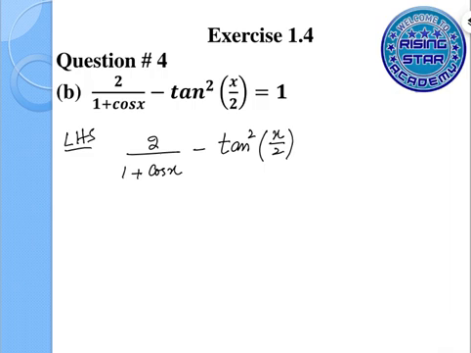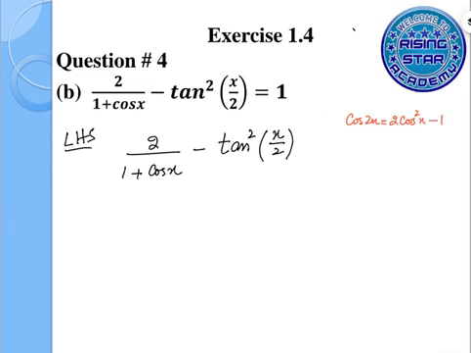So we know that, and we prove that the formula for 1 plus cos x, let me show. Okay, here we will write the double angle formula. We know that cos of 2x is equal to 2 cos square x minus 1.